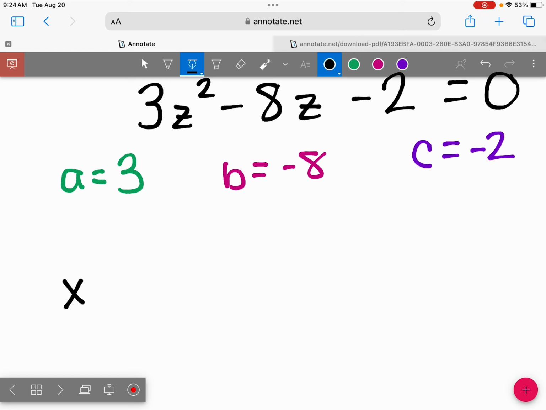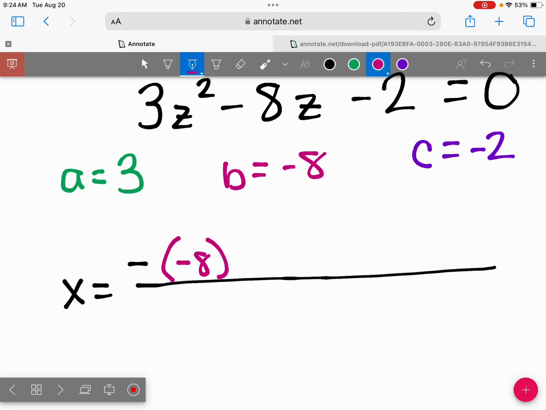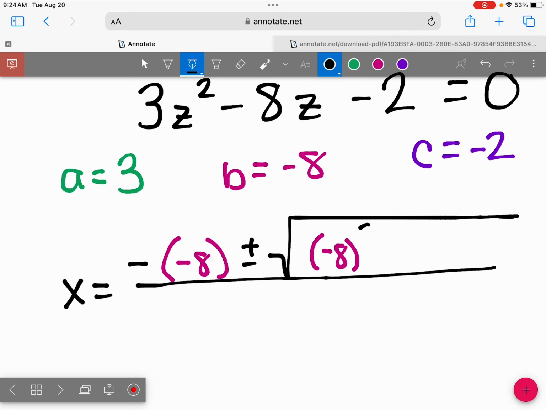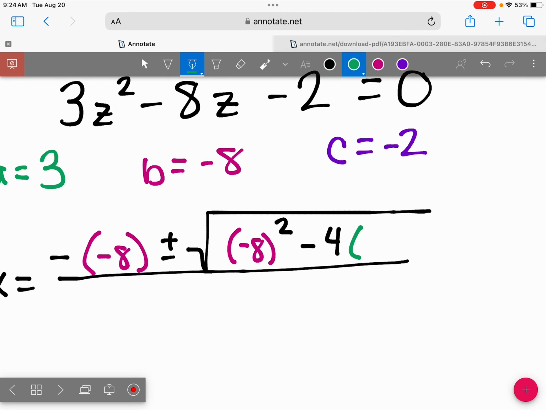So going through our quadratic formula, substituting our pieces in, we get the opposite of b plus or minus the square root of b squared minus 4 times a times c divided by 2a.